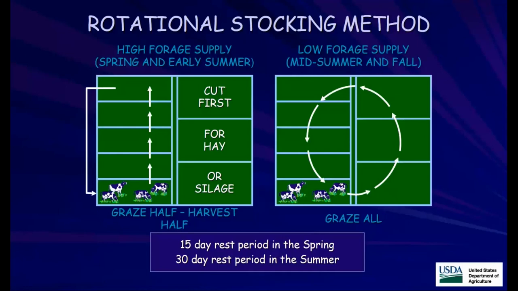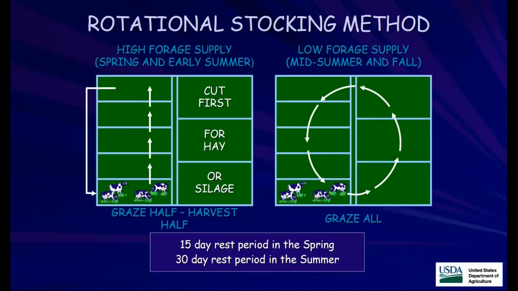And thinking about the fact that we have a 15-day rest period in the spring, if we had 5 paddocks that had enough grass for 3 days, 5 paddocks, 3 days each, gives you a 15-day cycle.